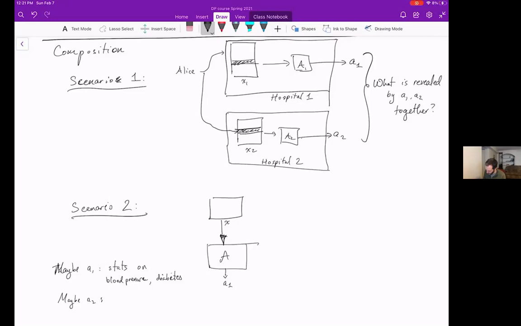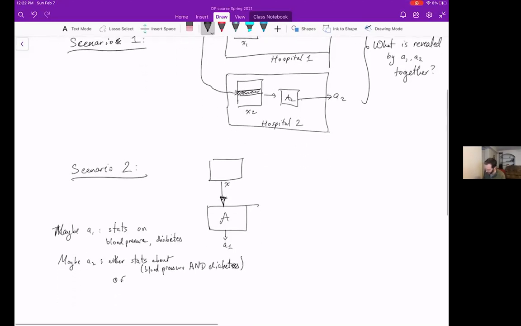So maybe A2 is going to be about either something about blood pressure and diabetes together, or maybe if the result comes out differently from A1, A2 will be about some other thing, maybe heart disease.